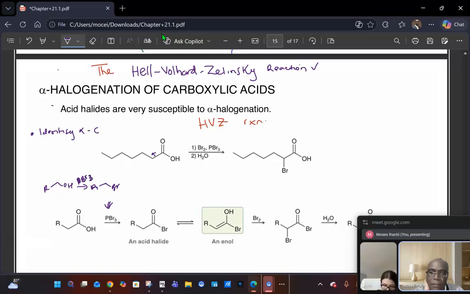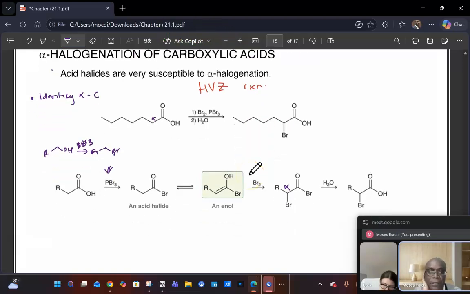It's the same thing here, but the problem is that it doesn't stop here. It takes you all the way to putting another bromine on the alpha carbon. It's good and bad. And if you hydrolyze, then you're left with the bromine on the alpha carbon.